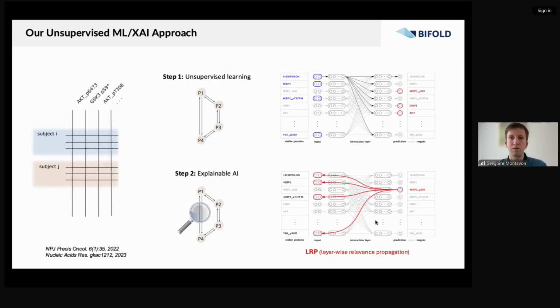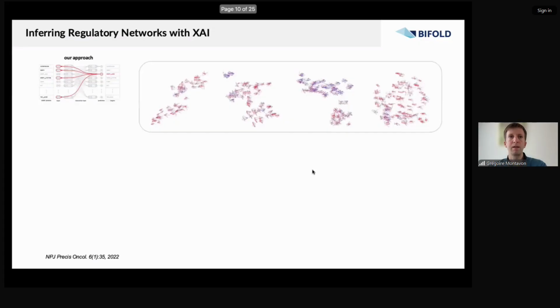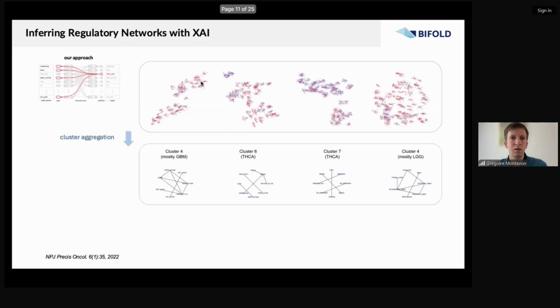And now what you have essentially is a set of networks where for every instance, for every subject, for every set of measurements, you have one such network. So it's a bit overwhelming as an analysis because you have so many graphs, but in practice, you can try to summarize that by performing some clustering.